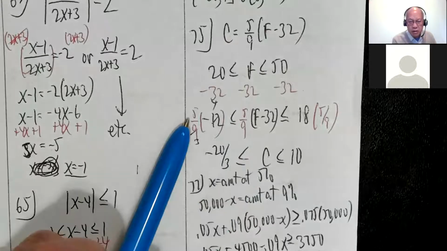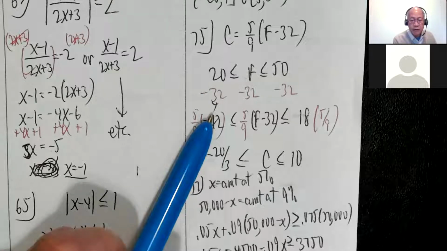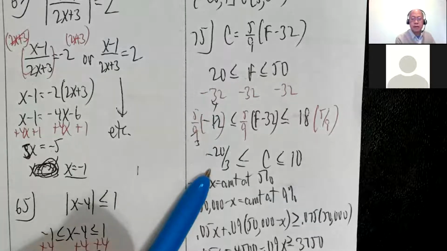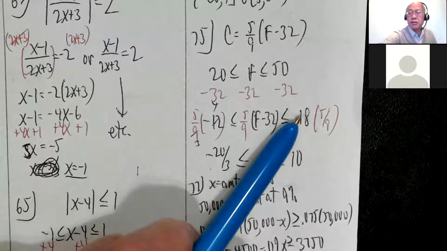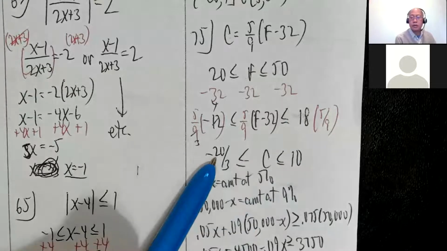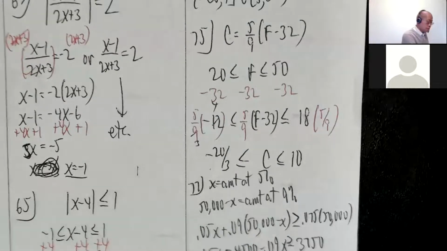Okay, and what did I do here? A little bit of arithmetic. Negative 12/9 becomes negative 4/3. 5 times negative 4 divided by 3 is negative 20/3. The middle is now C, and 18 times 5/9 turns out to be 2 times 5, or 10. So C is between negative 20/3 and 10. So that's how that works. Okay.